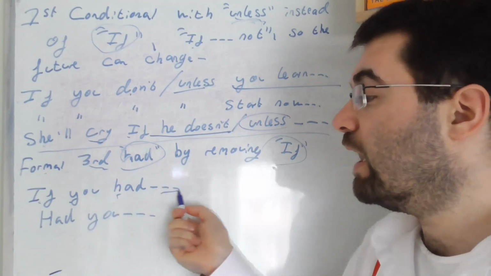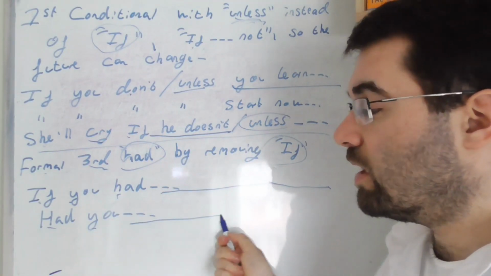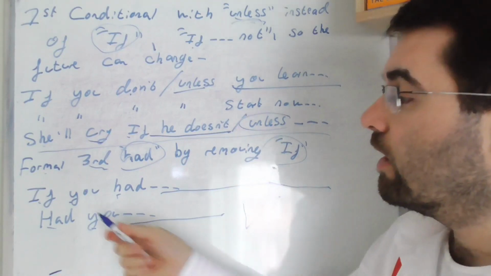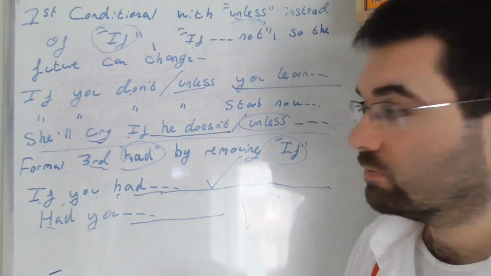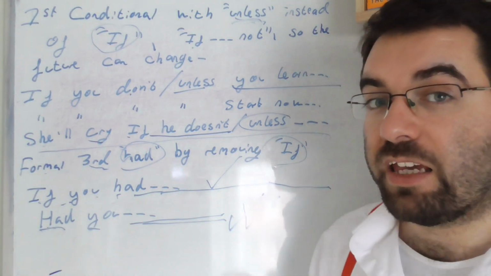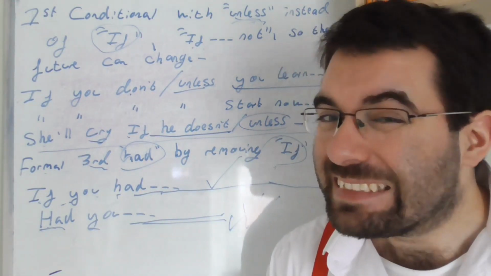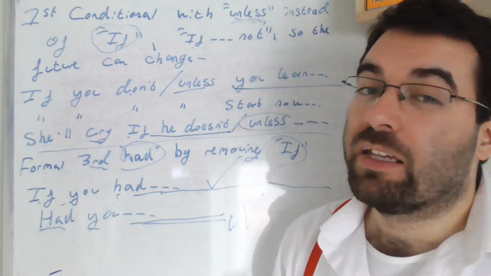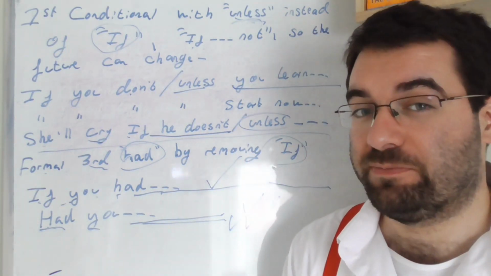If you had paid attention, you would know this. Had you paid attention, you would know this. Had you listened and learned, you would have known this. Had you been smarter, you would have aced the test. Had you been worse at English, you wouldn't understand me. Had I been better at Spanish, I could communicate better.